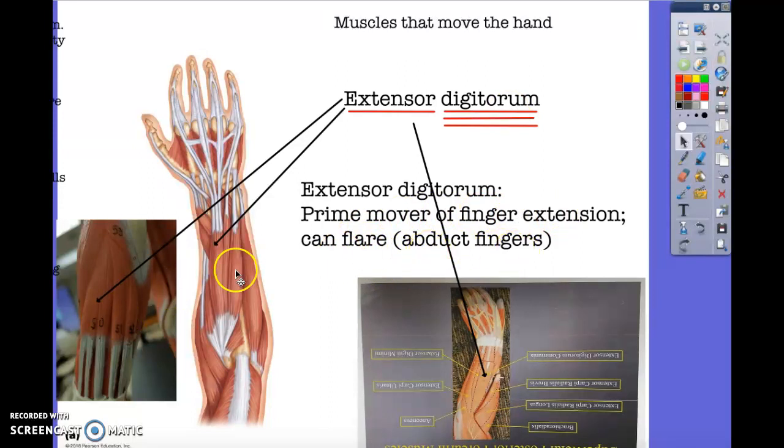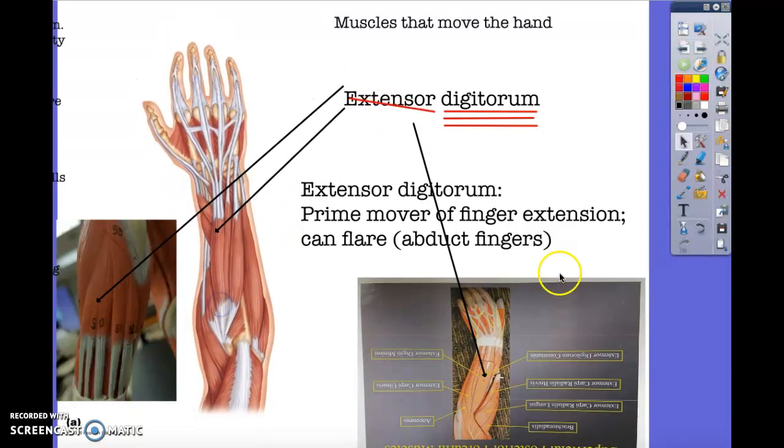Okay, so let's look at this PowerPoint diagram. Right off the bat, I see this muscle is involving, if you follow the tendons, 1, 2, 3, 4. It's involved with 4 digits. That's my extensor digitorum.